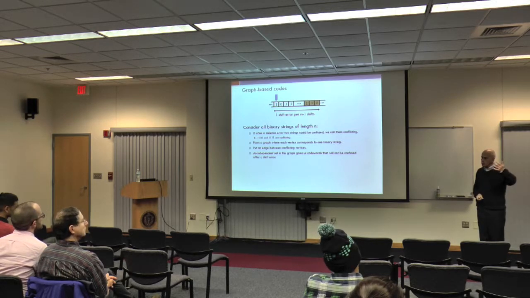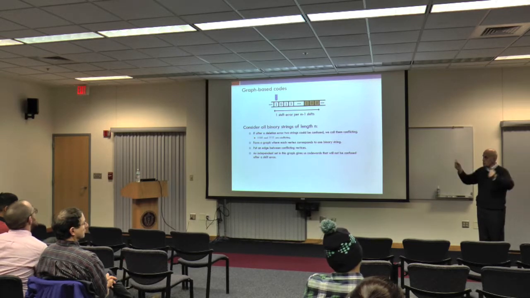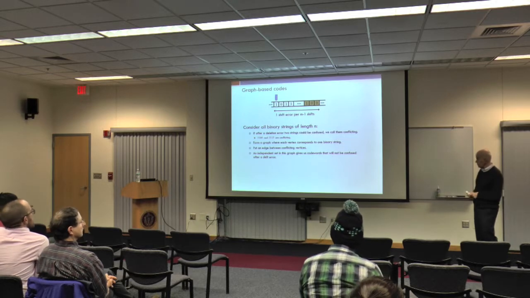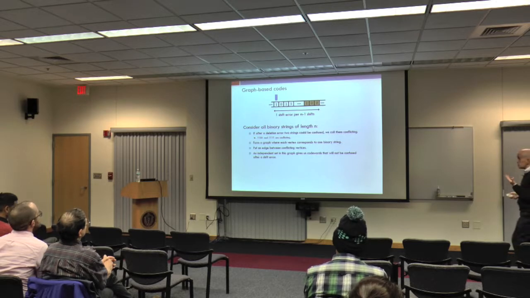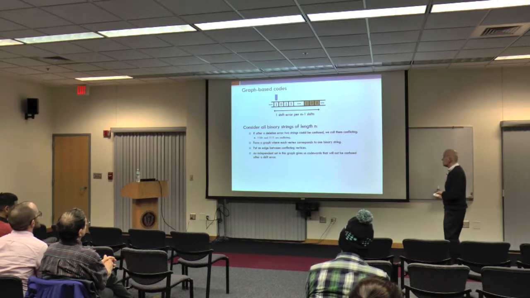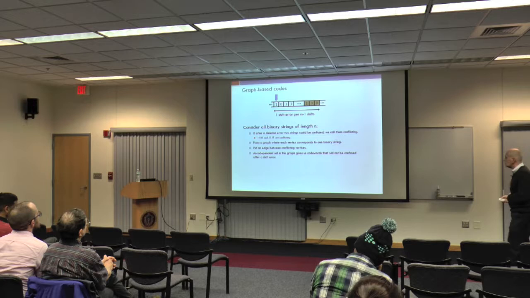And so you can make a graph on n-bit strings where you join things if they can be confused. I mean, if two things go to the same thing, then you confuse them. And you're looking for independent sets in that graph. So that's a general framework for code design, but it's a little bit of a complicated framework.